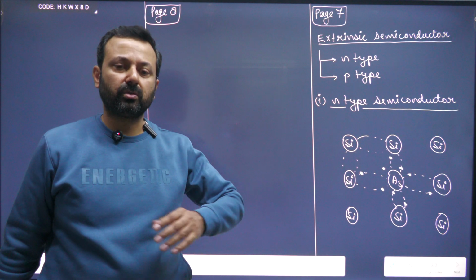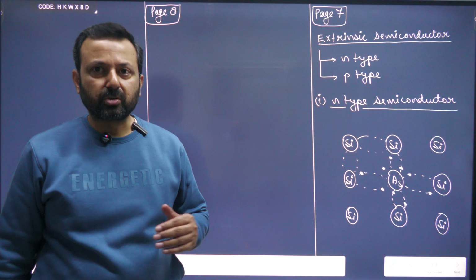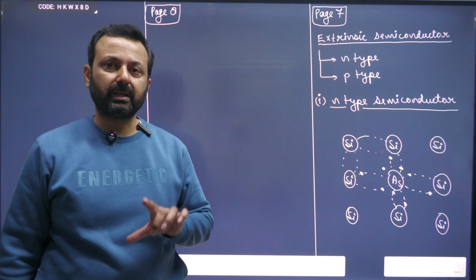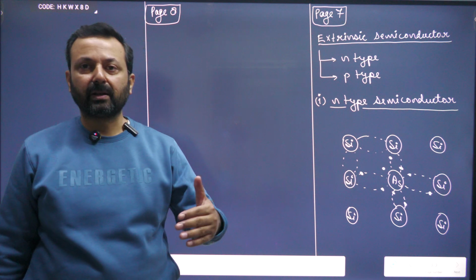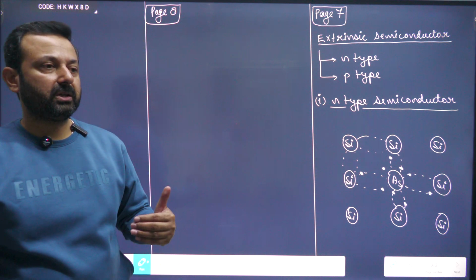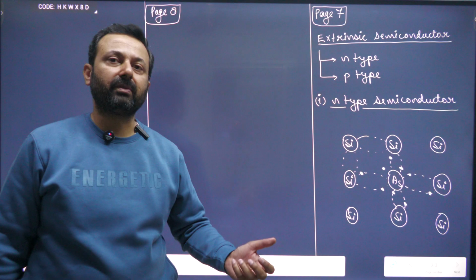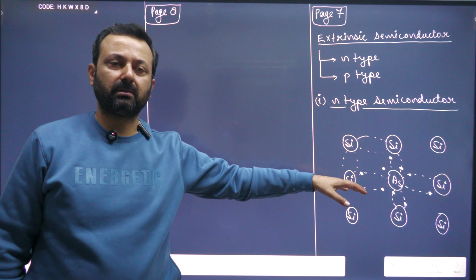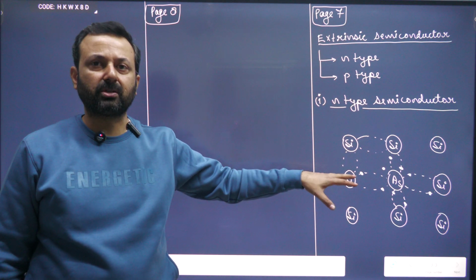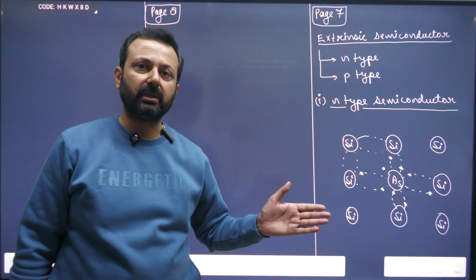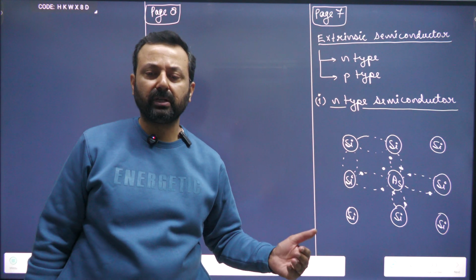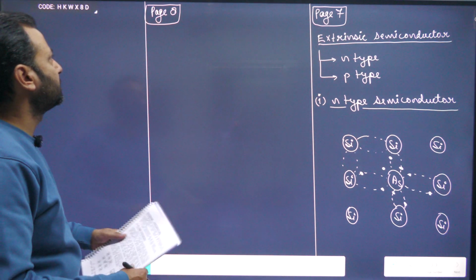So holes also carry current, electrons also carry current, but in n-type semiconductor, when we add a pentavalent impurity, it increases the number of electrons in the crystal of the silicon. So electrons are in majority. That's why electrons are called majority charge carriers in n-type semiconductor.